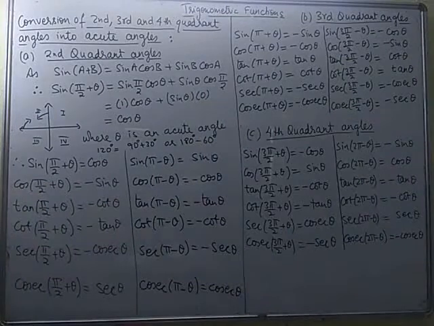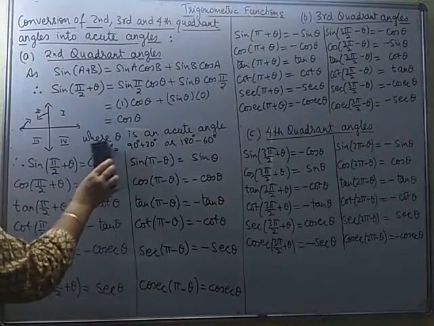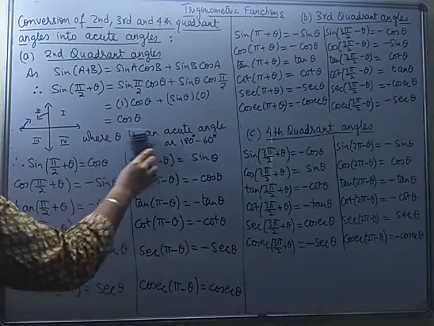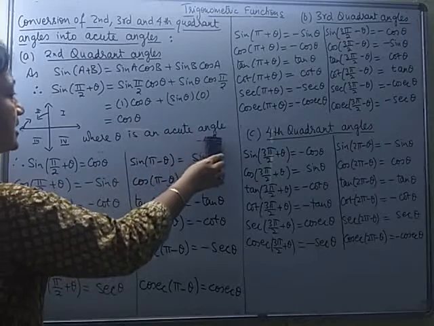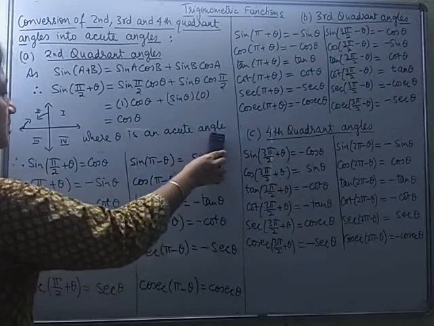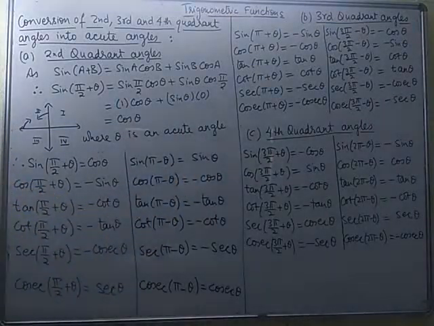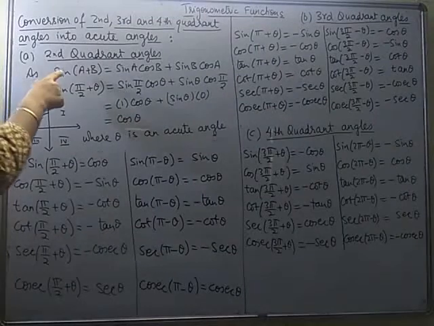Okay, so either of the things can be done. So it is your convenience whether you want to write an obtuse angle as pi by 2 plus theta or pi minus theta. Okay, so now we will learn how to convert if you are writing that angle as pi minus theta. So look at this part, and the formula used will be the same.